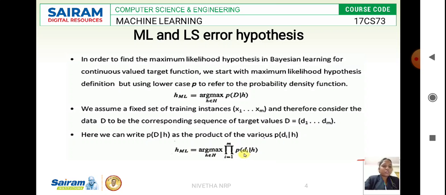The hypothesis of ML will be the argmax over H of the product from i equal to 1 to m, where we find the probability density function P of di, that is, the target value given the hypothesis.